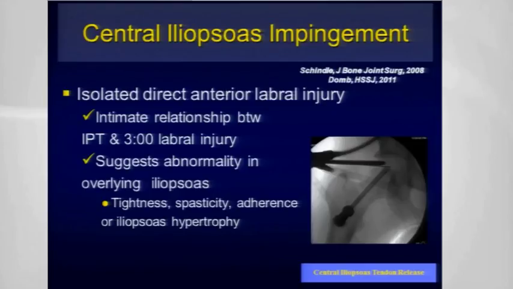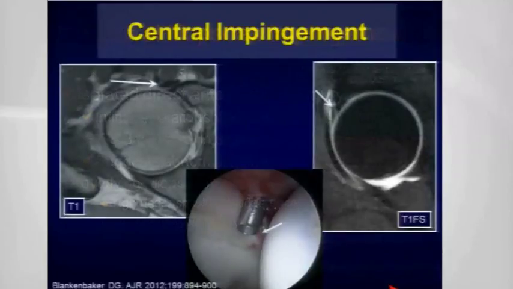So instead of just fixing and paying attention to the labrum, they'll also perform a central iliopsoas tendon release. So what they do is they'll cut the tendon at the level of the anterior acetabular rim. So that's kind of why it's important. Therefore, we looked at this, and can we see features, and can we preoperatively make this diagnosis?